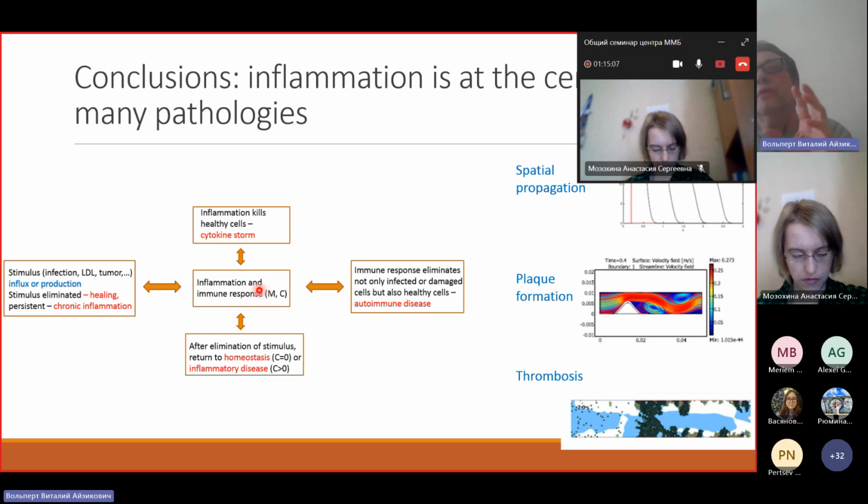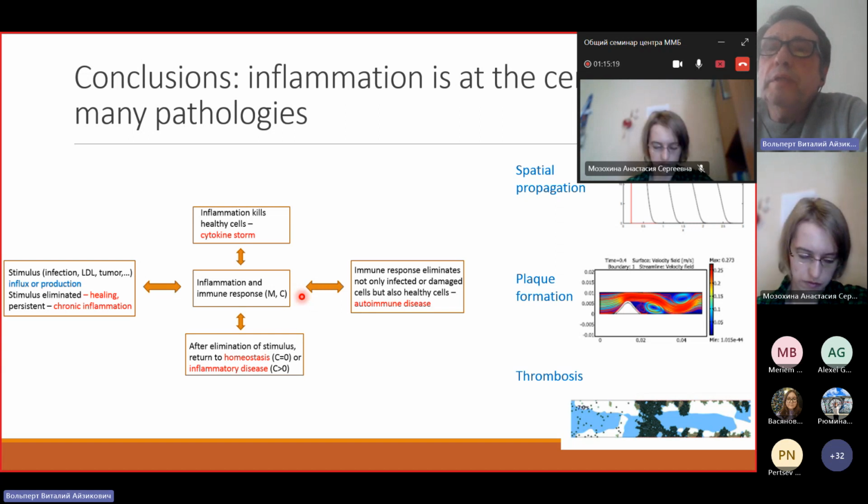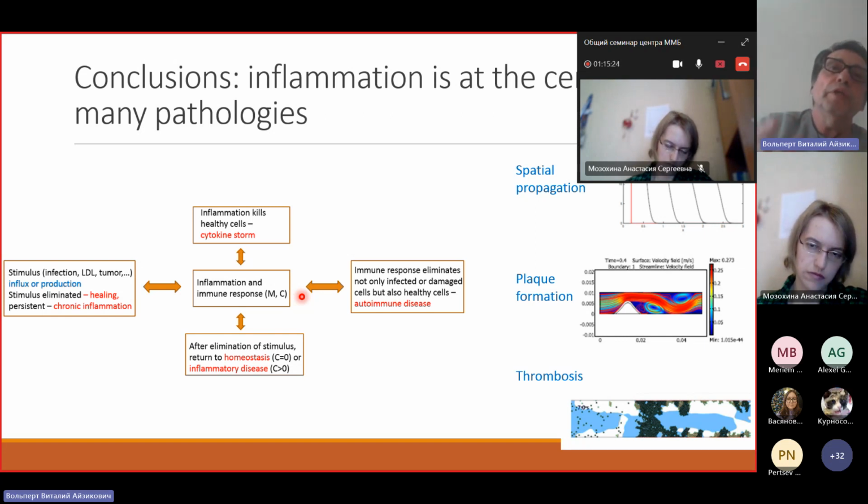So this inflammation and immune response in the center is really related to many physiological situations, to many diseases. So we really need to understand how it works in the generic setting and for each particular type of disease. So this is really the message of my talk today.